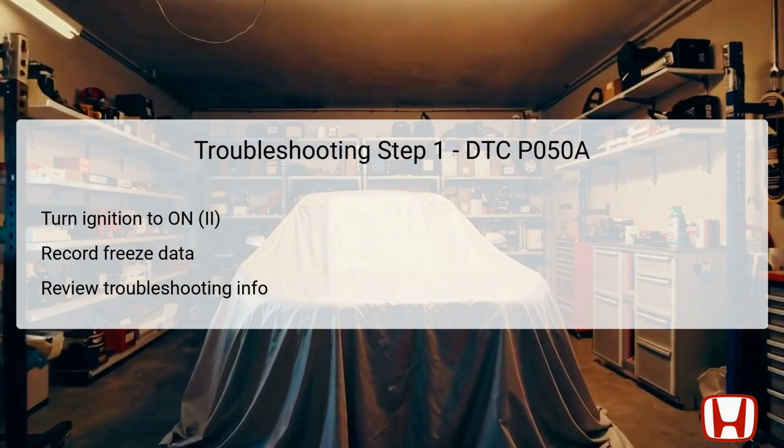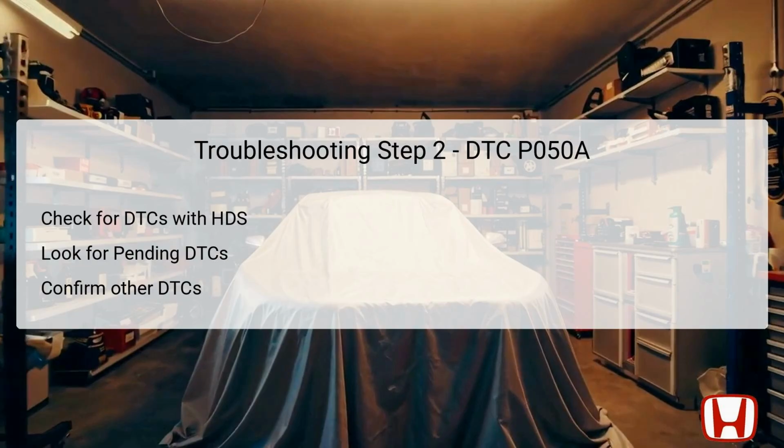This information provides context for the conditions that led to the triggering of the DTC. Afterwards, reviewing general troubleshooting information can offer insights into expected behavior and common pitfalls related to this specific error code. These initial steps set the foundation for a systematic approach to resolving the problem.